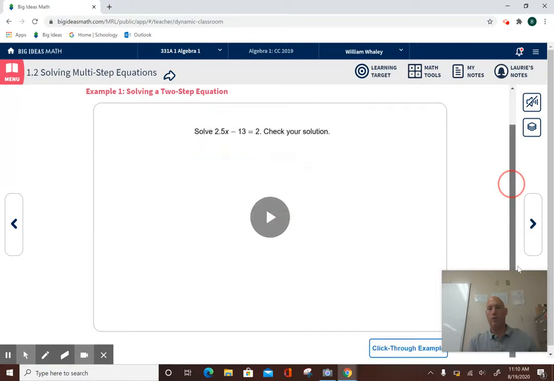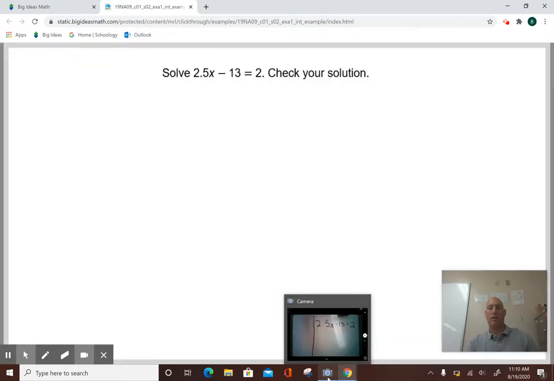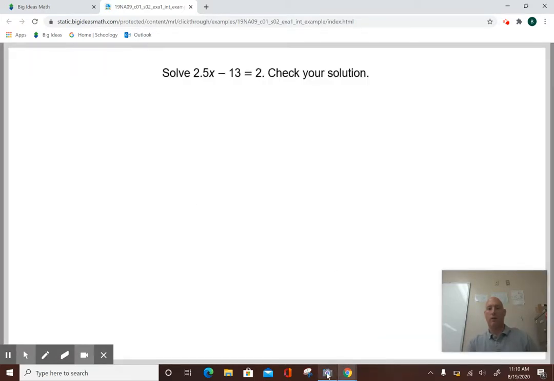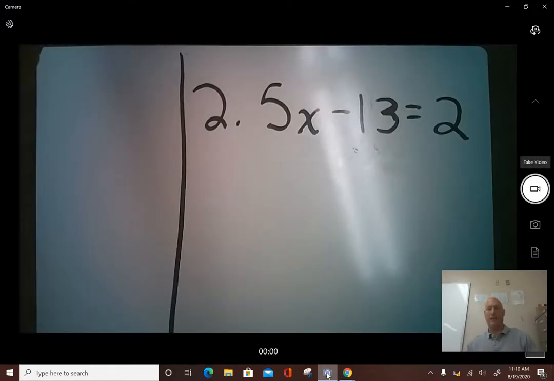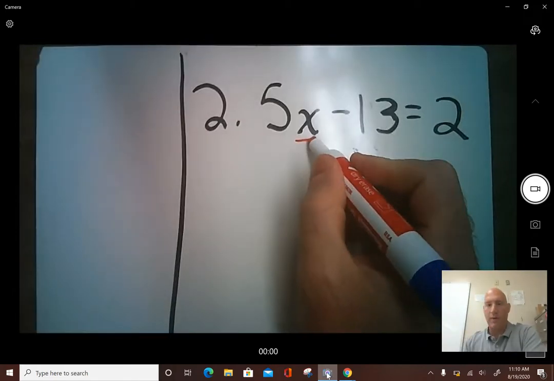We will be using the click-through example again. But I have it on my board here because I want to talk about it. So this is the problem we're going to be doing. You have it in your notes. 2.5x minus 13 equals 2. So this is what you should be thinking, okay? This is the variable I want to get by itself.